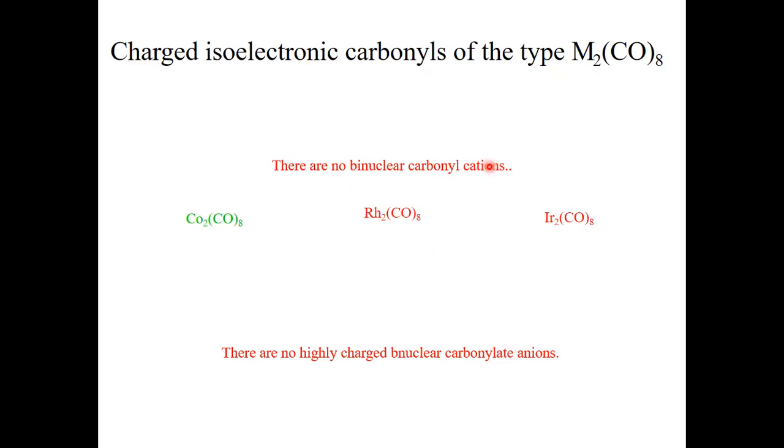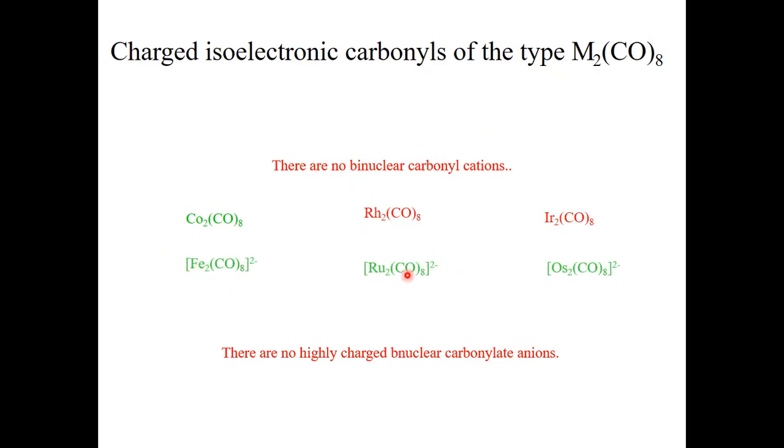And the same reasons as discussed previously hold. Too high of a negative charge stabilizes the metal-carbon bond, but destabilizes the metal-metal bond. For cations, the positive charge destabilizes both the metal-carbon bond as well as the metal-metal bond. Therefore, no carbonyl cations exist.